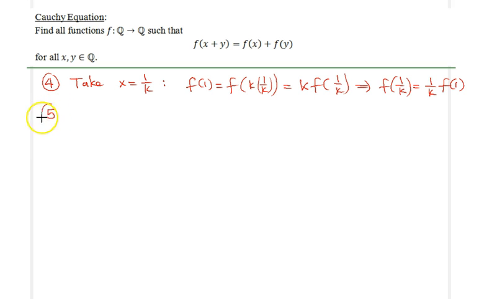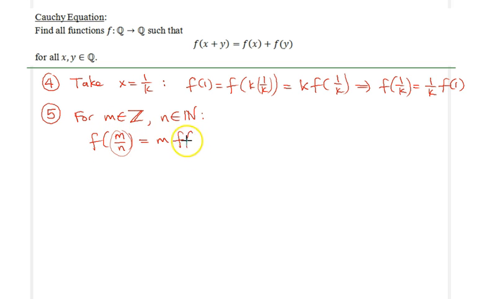And finally, in the fifth step, for m in integers and n in natural numbers, we know that f of m over n, which is a rational number here, is equal to, I can take out the m. We already know from the third step that for integers m we can take it out, so m times f of 1 over n. But then from the fourth step, we know that f of 1 over n is simply 1 over n times f of 1.